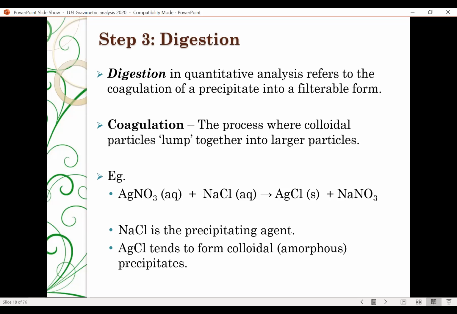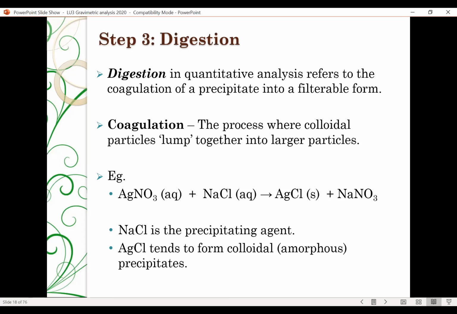If you remember the diagram that we showed just now about the precipitation process, you have it in a solution, but in the form of colloidal particles. Colloidal particles are small particles in solution which cannot go down through sedimentation and also cannot be filtered because they are so small.